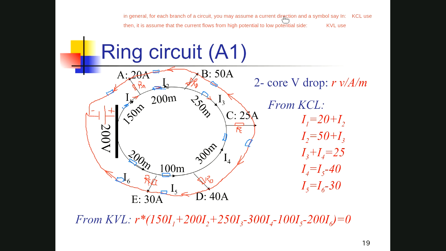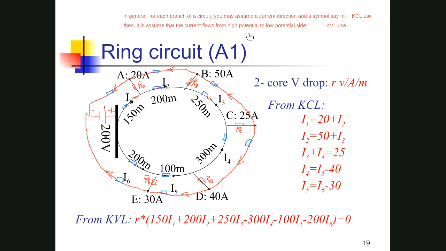Then, in Kirchhoff's current law, you use the assumed currents with the assumed symbols to establish the equations, saying that for each junction point, the current going in equals the current going out. That's Kirchhoff's current law for one junction point.